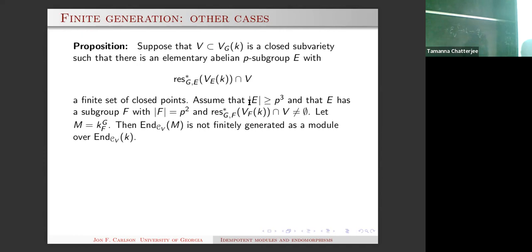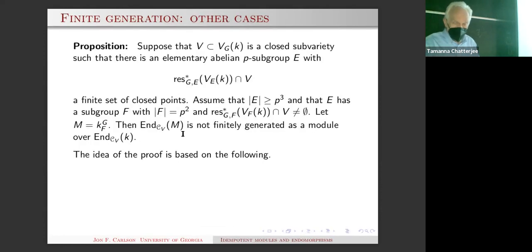So then in this particular case, I'm going to let M be the induced module, the trivial module on F induced up to G. This is a KF module. Oh, I start with a KF module, I get a KG module. This is not finitely generated as a module over this endomorphism ring. So there are cases where you do not get the right thing, do not get finite generation.